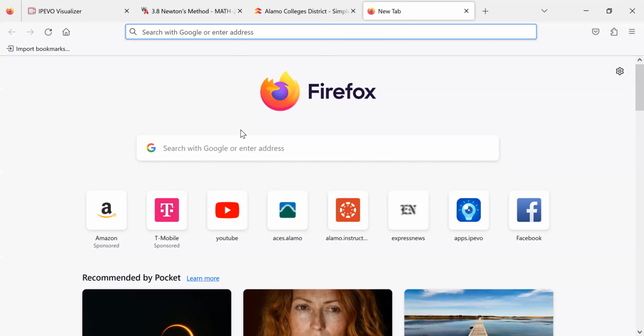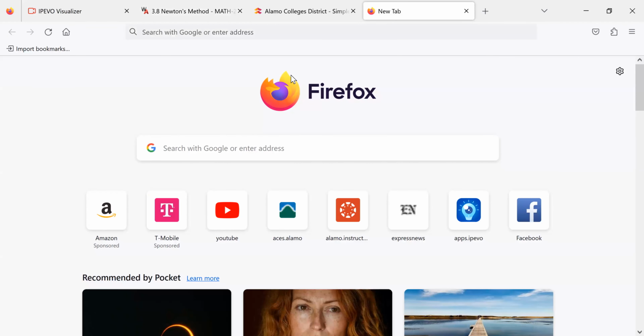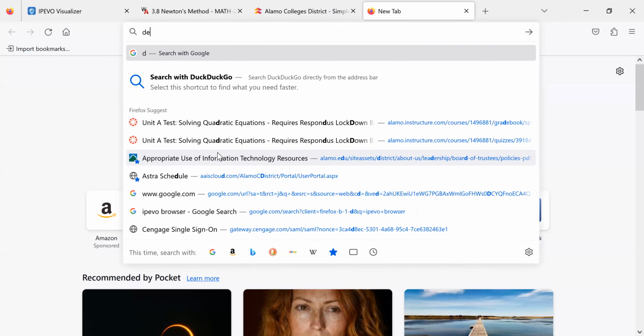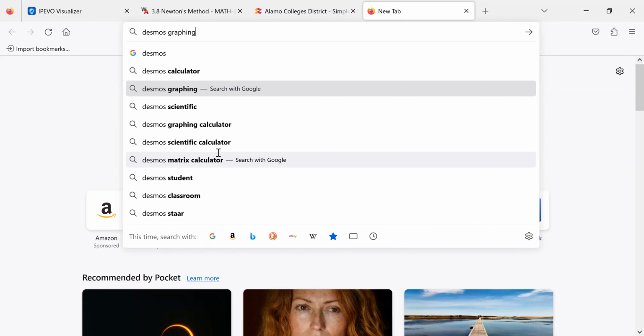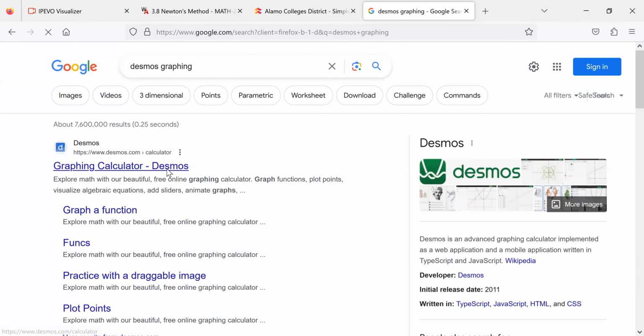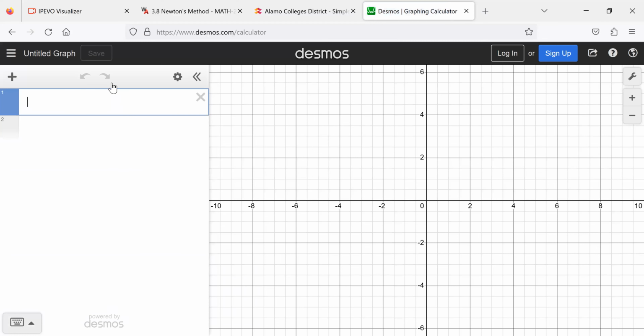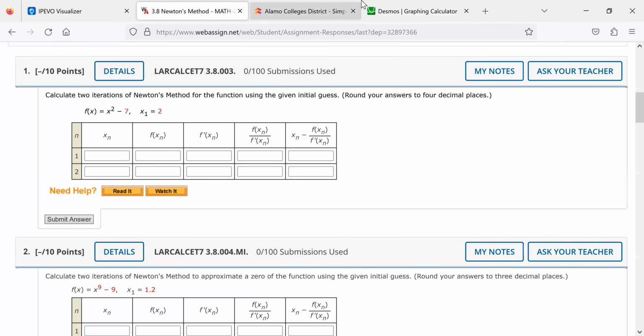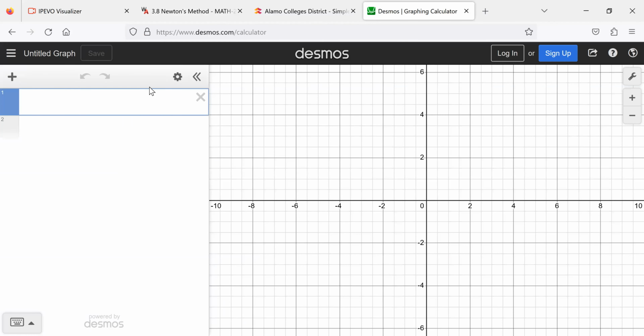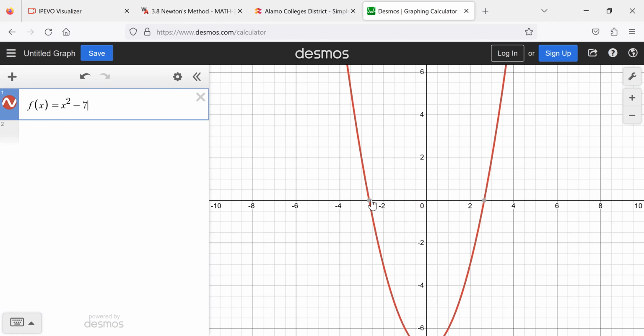Let's get out Desmos real quick. So essentially, we're going to be estimating one of these zeros.